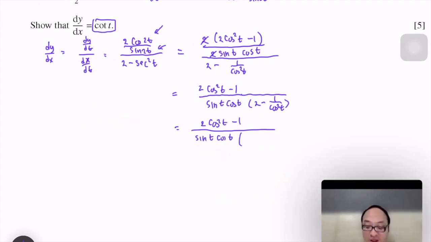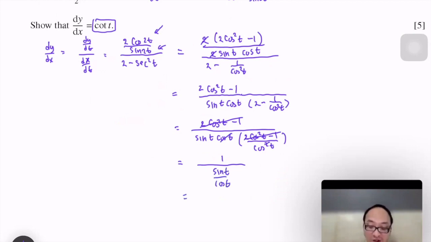And then we can make the denominator the same here, becoming 2 cos square t minus 1 over cos square t. Oh, we can cancel this. And then we have 1 over, oh, we can also cancel the cos here, becomes sin t over cos t.